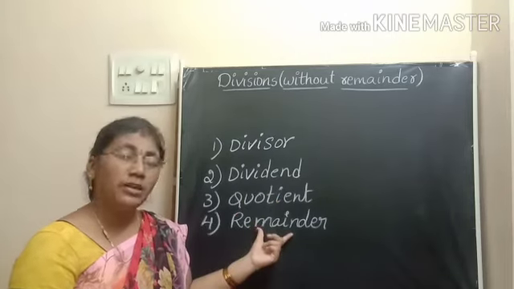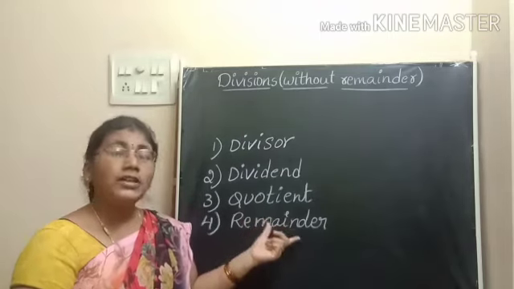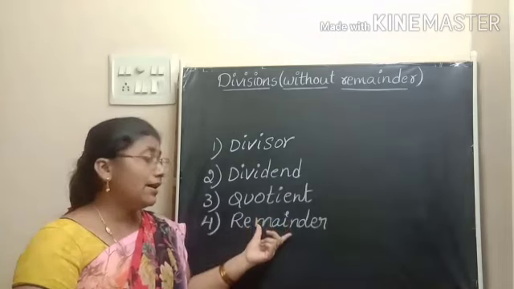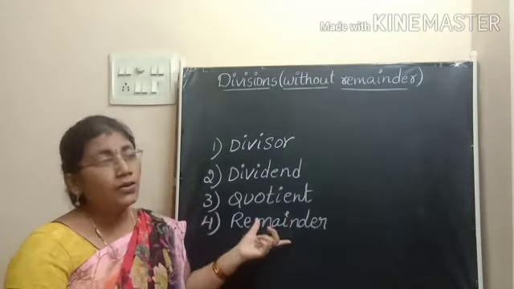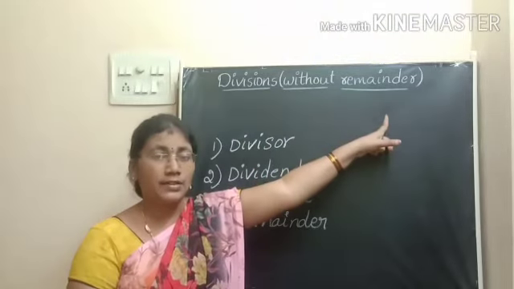Remainder means this is the number left after division. Now we are going to see division without remainder.